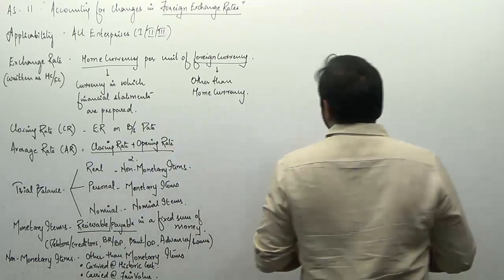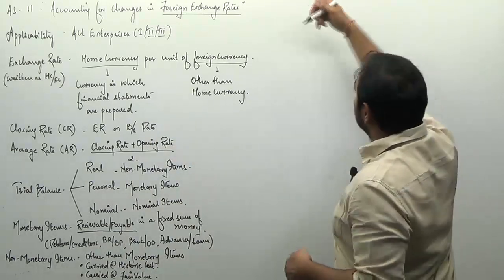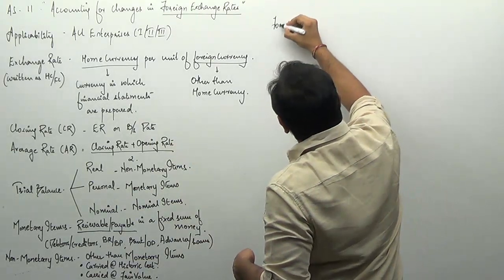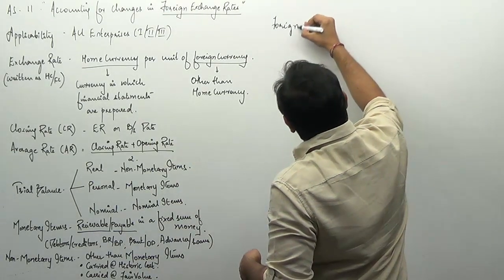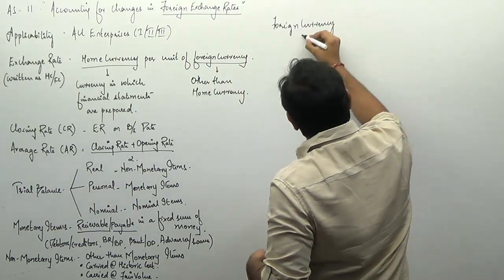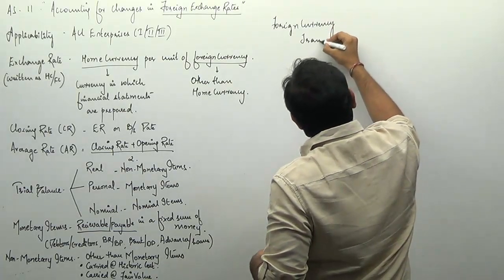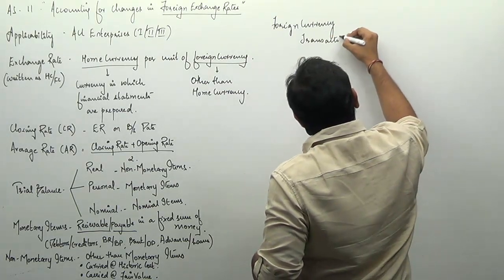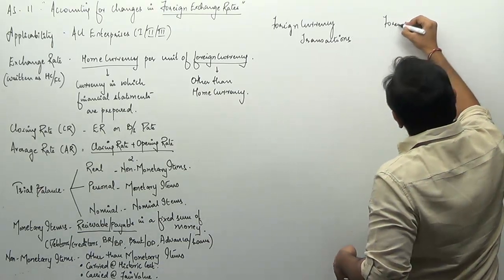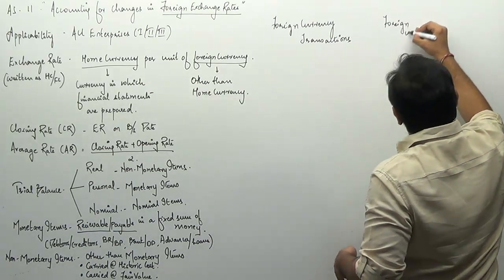While we discuss AS 11, I can split AS 11 into three parts. The first one is foreign currency transactions. The second one we discuss is foreign operations.